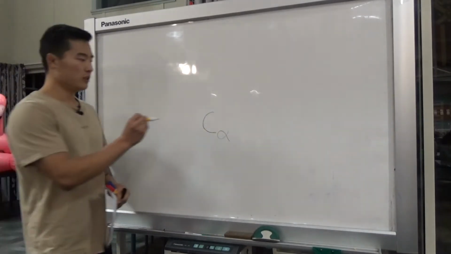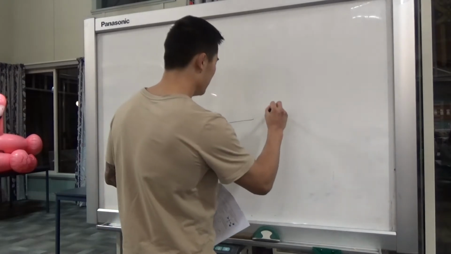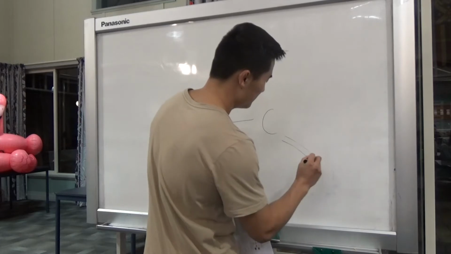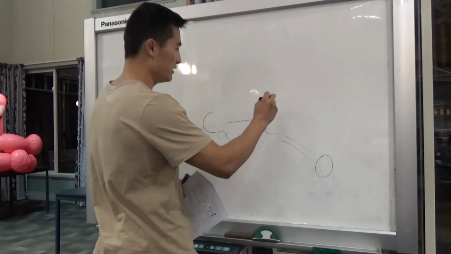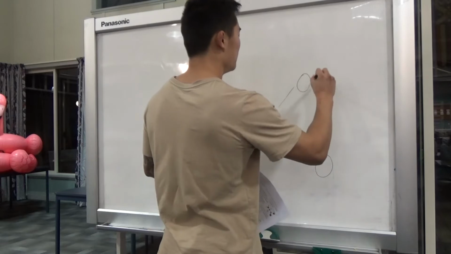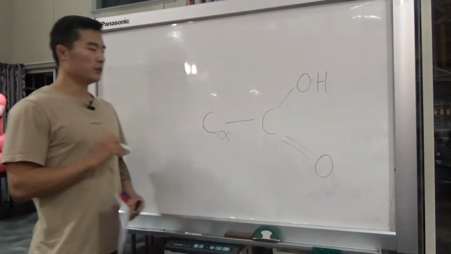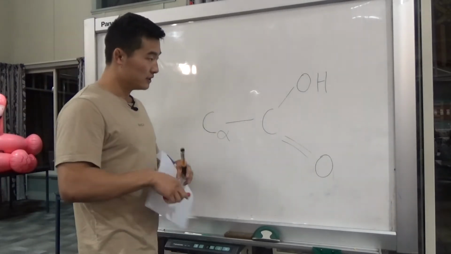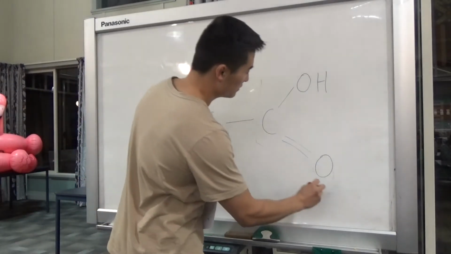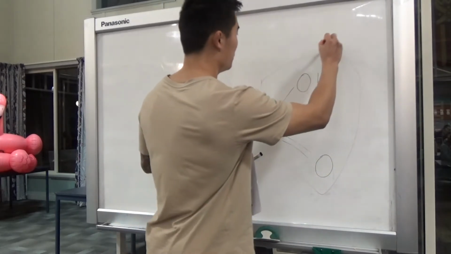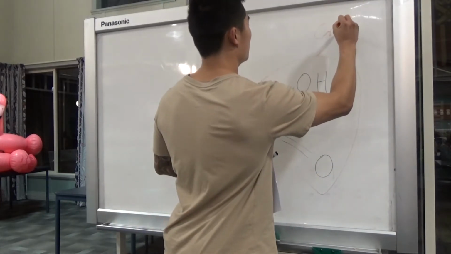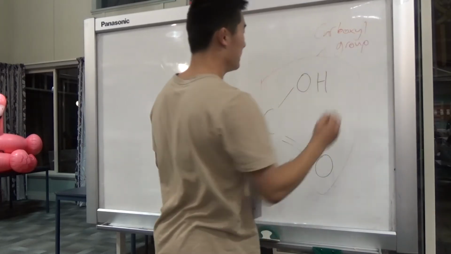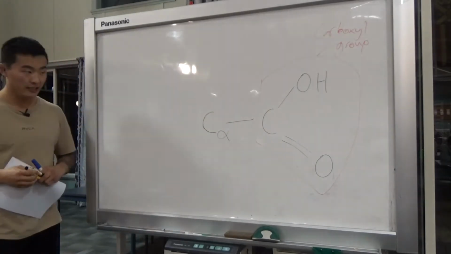And then on one side, you're going to have a carboxyl group. There's a double bonded O and a hydroxyl group on the other side. This is your carboxyl group, a COOH.